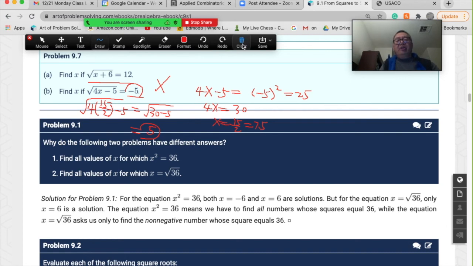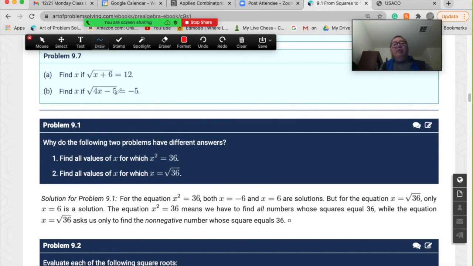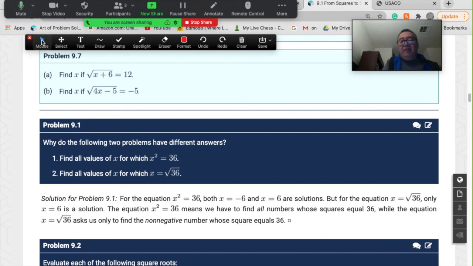That's a problem, okay? So that's the reason when you square both sides, you need to make sure that it makes sense. For this one, it doesn't make sense. So you just stop here, write down no solution. Okay? So then we finish this section.